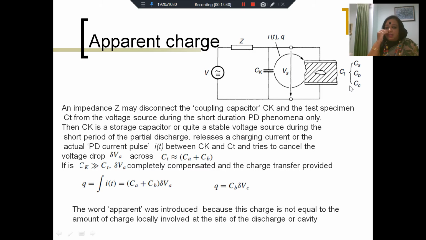We do have access to this pulse. This will also be a pulsative current, and if we integrate it, we will be able to estimate the quantity of charge which is implicated in the discharge.